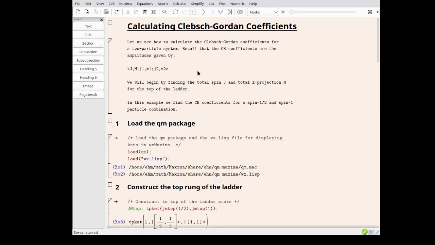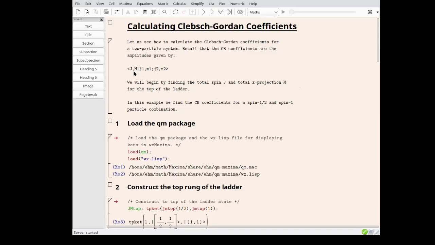And so what we want to do to find the Clebsch-Gordan coefficients is to start at the top of the ladder for both particles. We'll calculate what the J total is and what the Z projection is at the very top of the ladder, and then we'll step down in the two particle states and also at the same time step down in the total JM state.